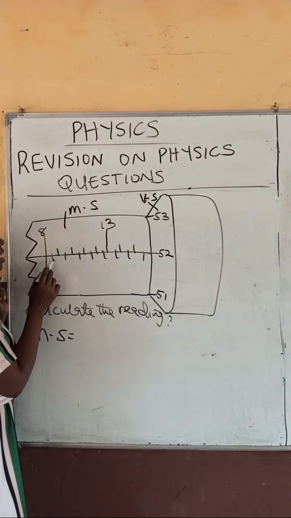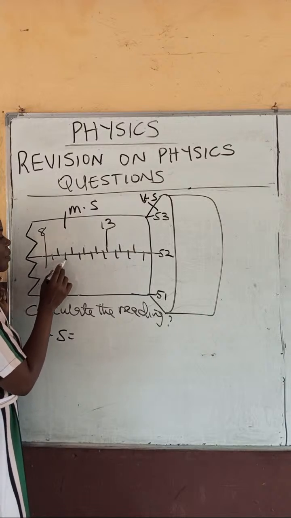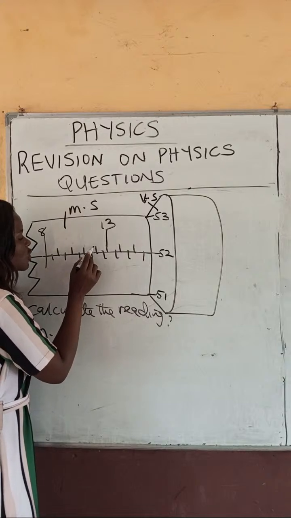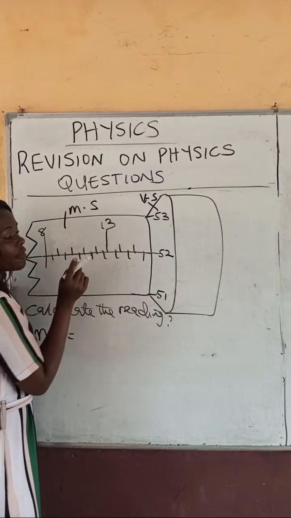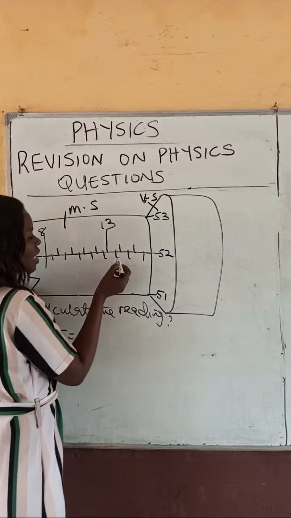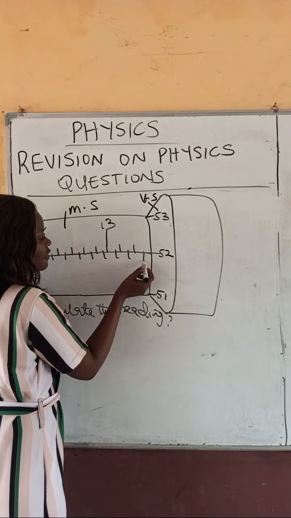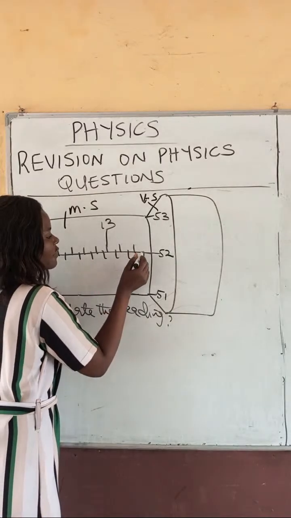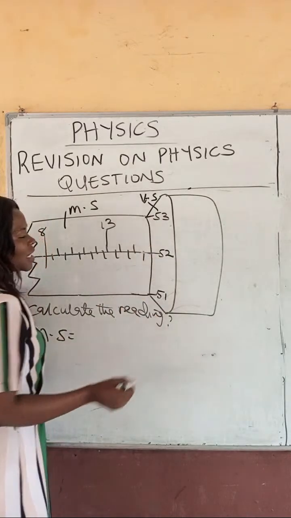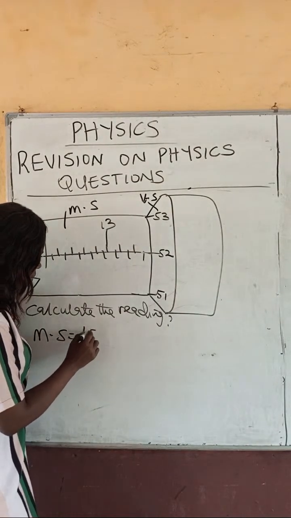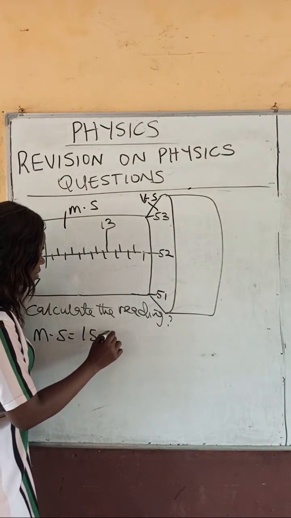So this is 8, 8.5, 9, 9.5, 10, 10.5, 11, 11.5, 12, 12.5, 13, okay? 13.5, 14, 14.5, 15, and 15.5, right? After 15.5, you saw this line, and that is the end of my main scale. I'm going to say that my main scale is 15.5.